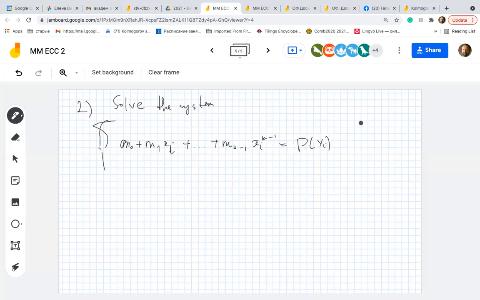So we have to write this equation for i from 1 to k. So we have k equations.